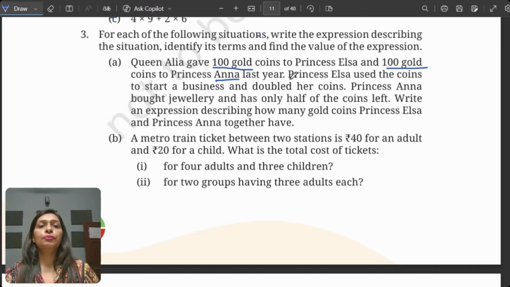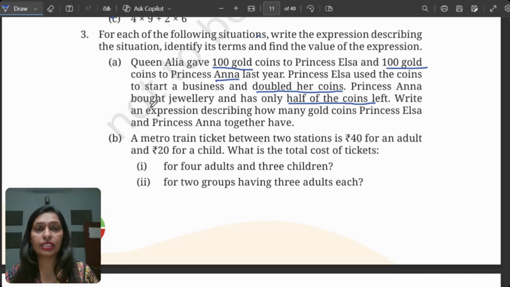Princess Elsa used the coins to start a business and doubled her coins. See, again, whatever important words are coming, we are underlining that. And Princess Anna bought jewelry and has now only half the coins left. Write an expression describing how many gold coins Princess Elsa and Princess Anna together have.